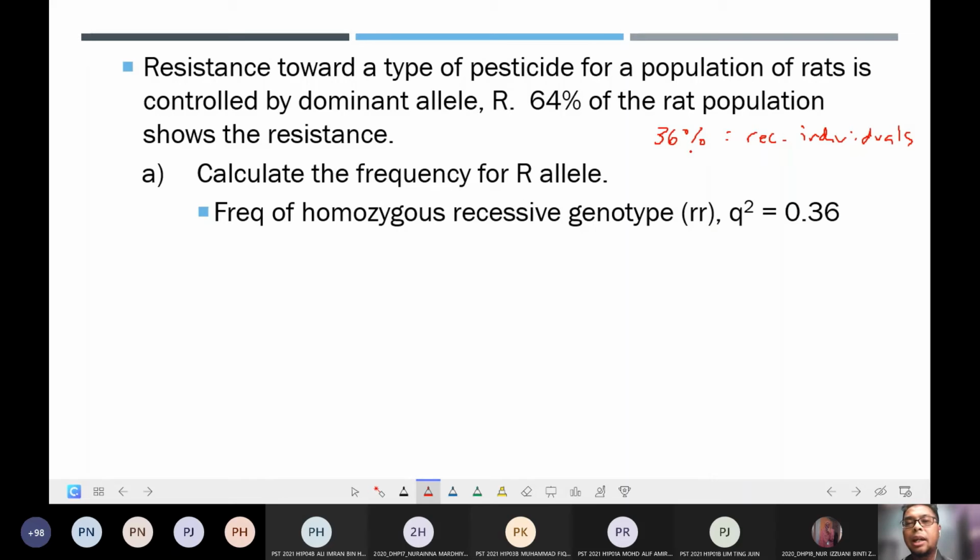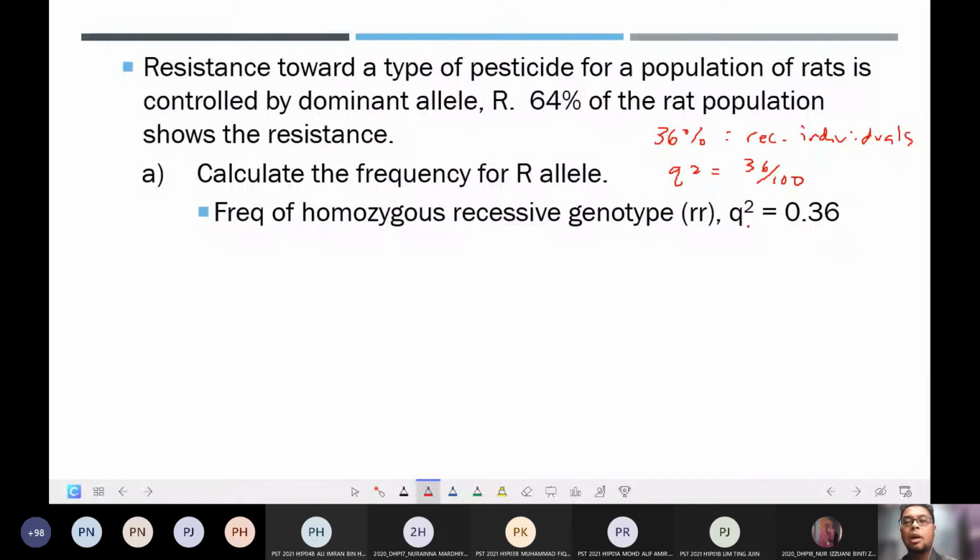So 36% we change into frequency. Percentage we change into frequency. How? 36 divide with 100 and you will get 0.36. Dah dapat? So q squared sebenarnya adalah 36 bagi dengan 100 and you will get this value 0.36.